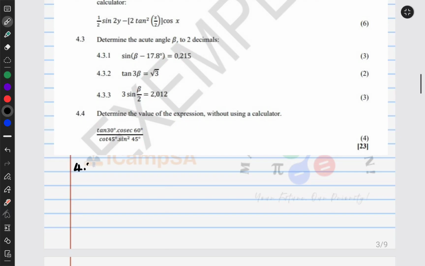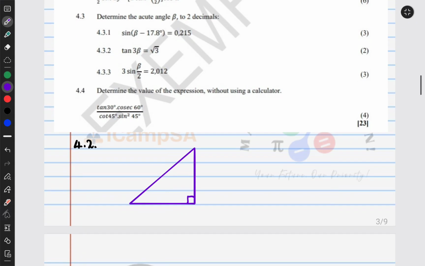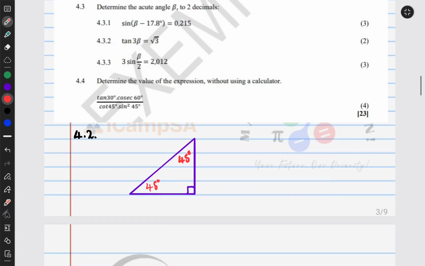For those of you who may not remember, how do we go about determining our special angles? We have two special triangles. The first one, let me use a different color, has angles of 45 degrees and 45 degrees and 1 unit here.